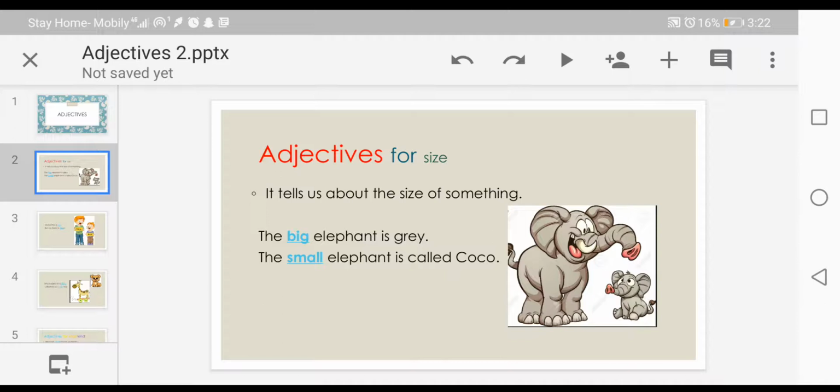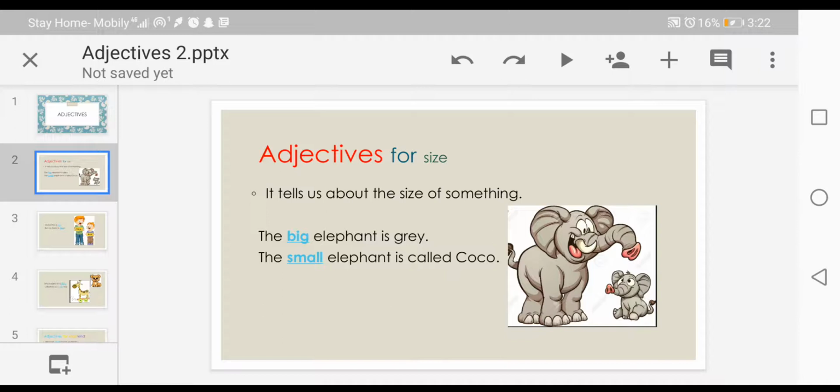So here, in the picture, I have two animals, right? Now if I say, for example, the elephant is gray, or the elephant is called Coco, without an adjective, I will not know which elephant you mean, because I have two elephants and both of them are gray, right?